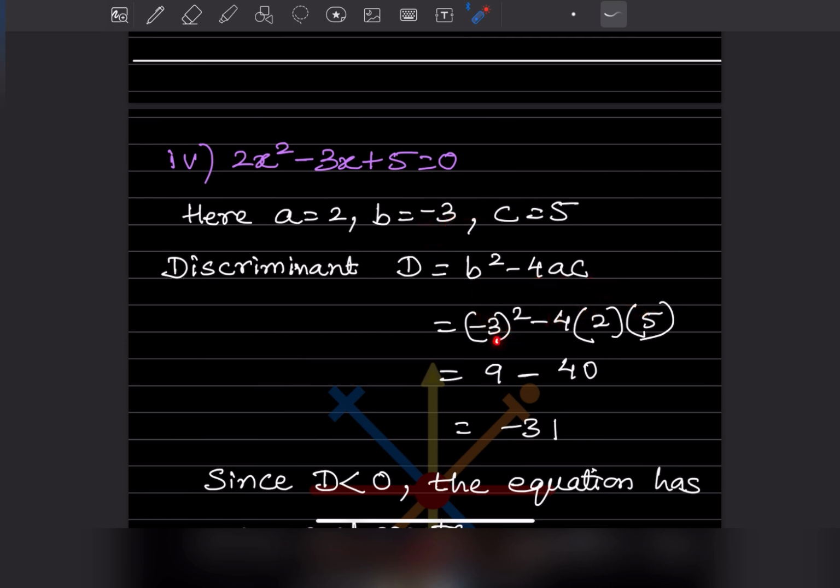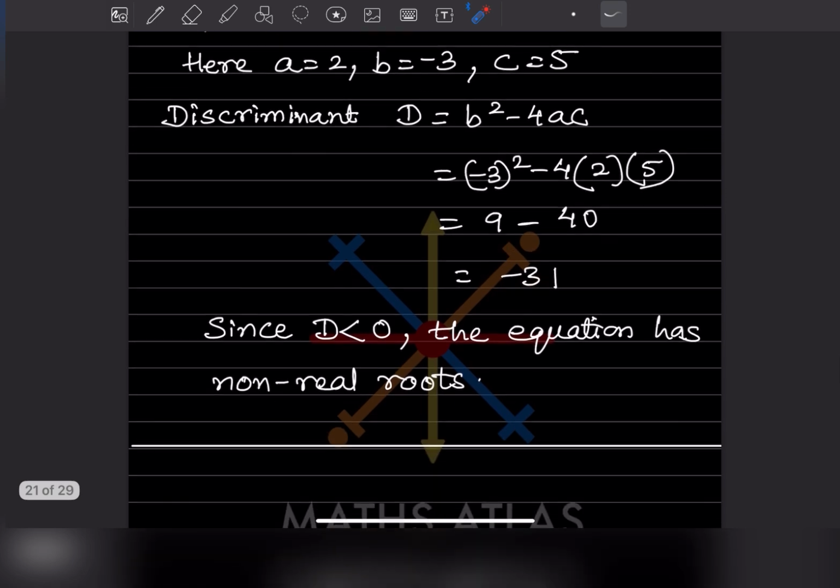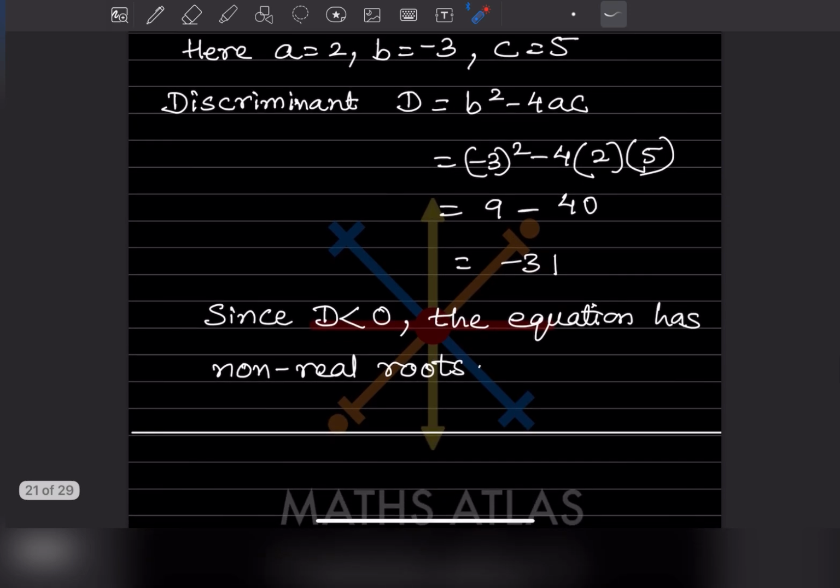So here will be minus 3 square. Whenever there is minus and the power is an even number, that will always be positive. So 3 into 3, that will be 9. This is minus, this will be multiplied, means it is going to be 40. So minus 40 plus 9, that will be minus 31. So minus 31 means D is less than 0. So the equation has non-real roots.